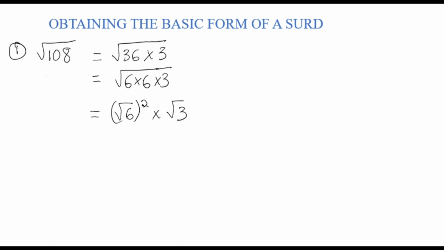Just this one, square root of 6 all squared, property 1, which gives what? 6 times square root of 3, and our final answer is 6 root 3. So this is the basic form of the set square root of 108. Now let's take a final example and we'll bring this tutorial to an end.